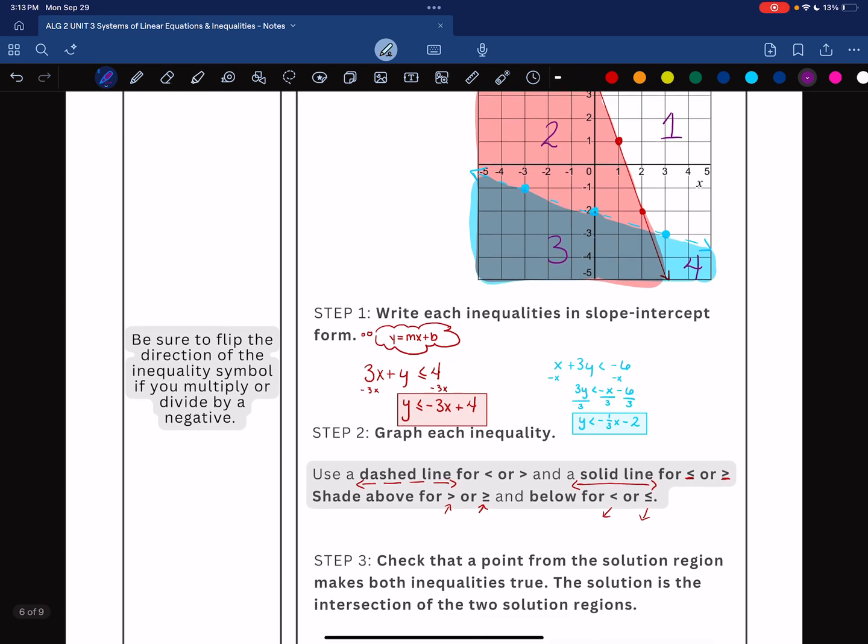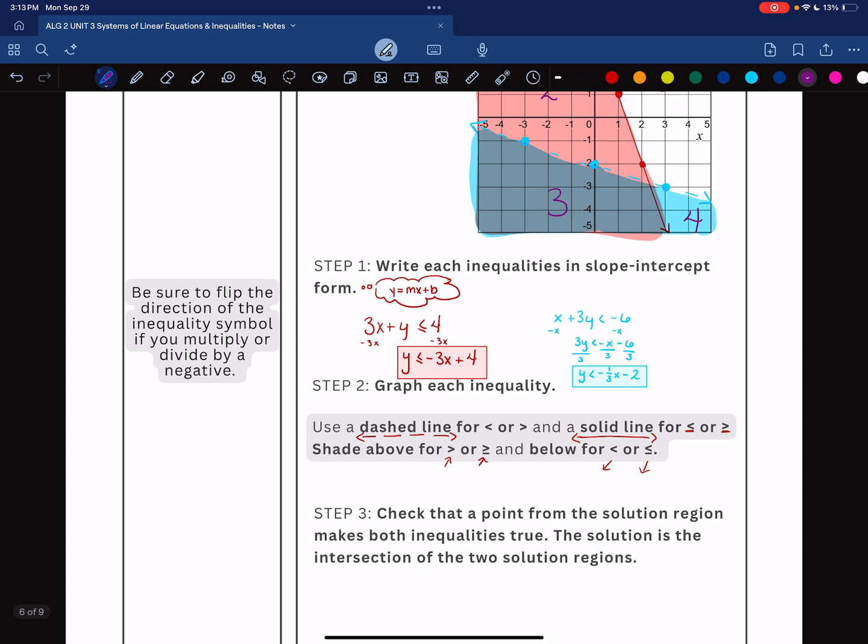The solution region is the region that makes both inequalities true. It's going to be the intersection of the 2 solution regions.